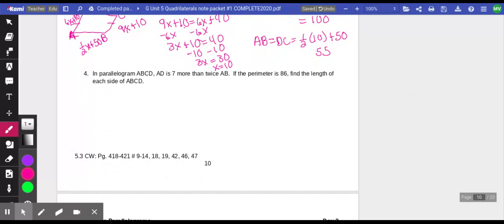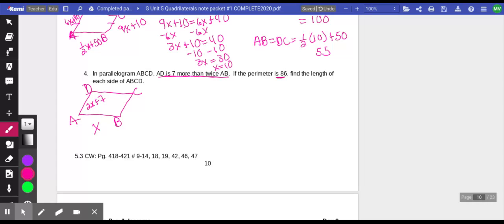Number 4, again, I start by drawing ABCD, my parallelogram. AD is 7 more than twice AB. So that means I'm going to say that AB is x and AD is 2x plus 7. The perimeter is 86.